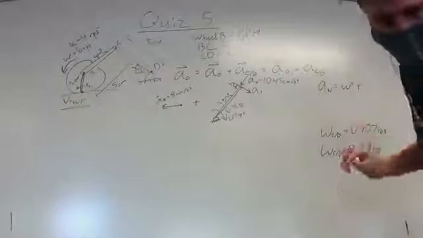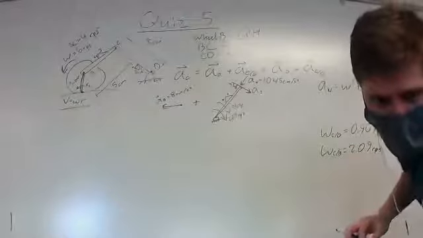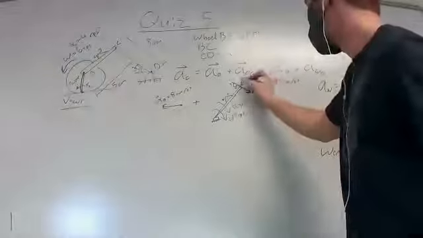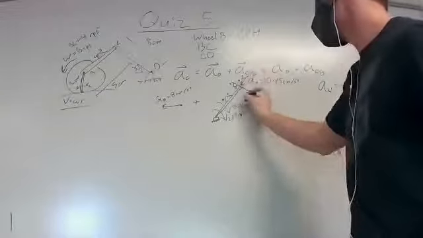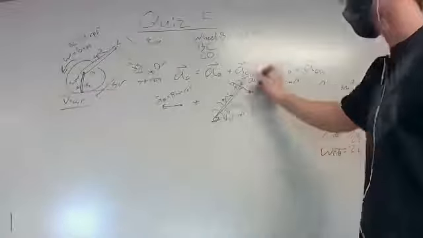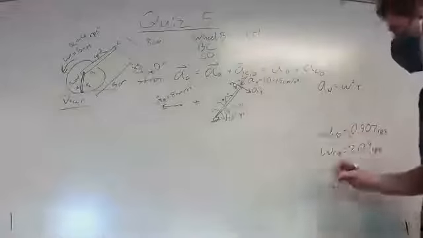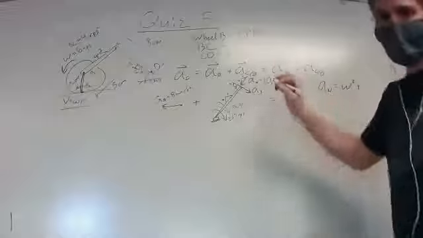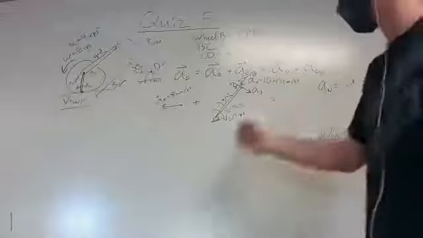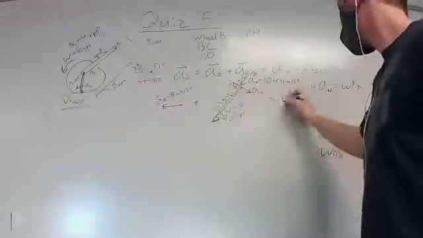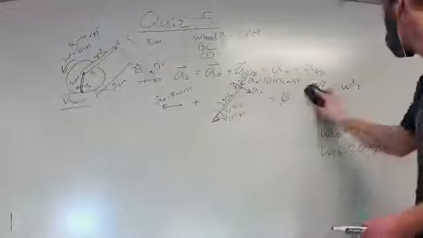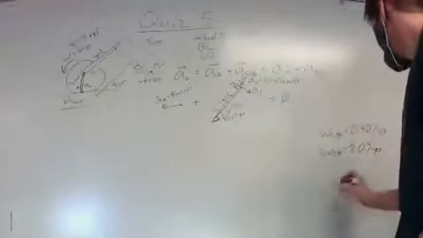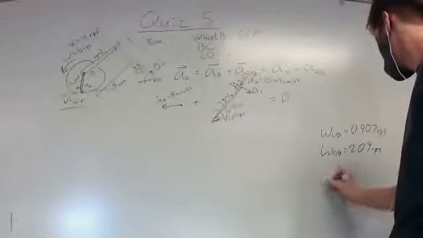And again, this just comes from omega squared times r. So this would be equal to a D, which acceleration at D is going to be 0 because it's a fixed point.